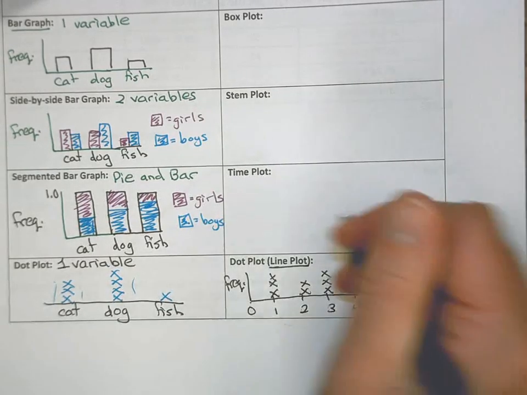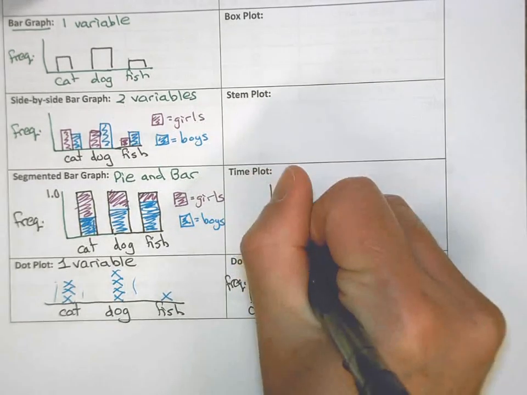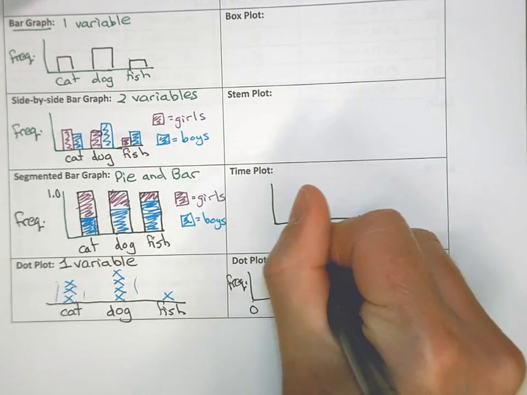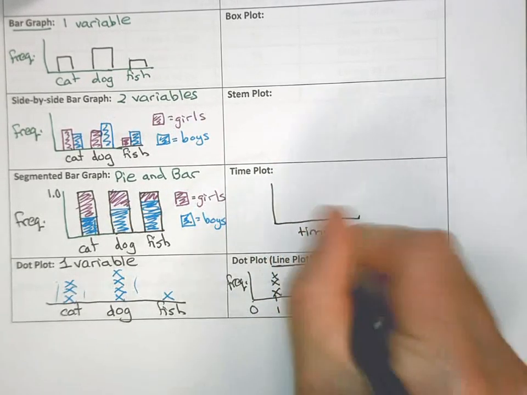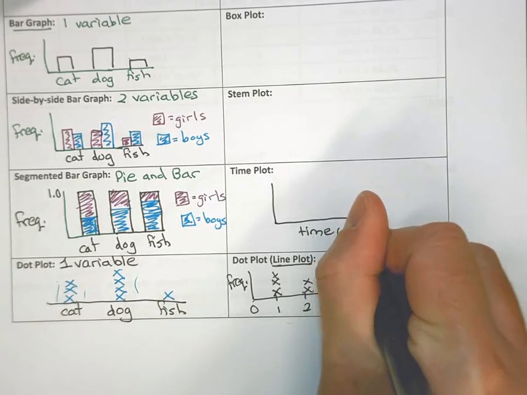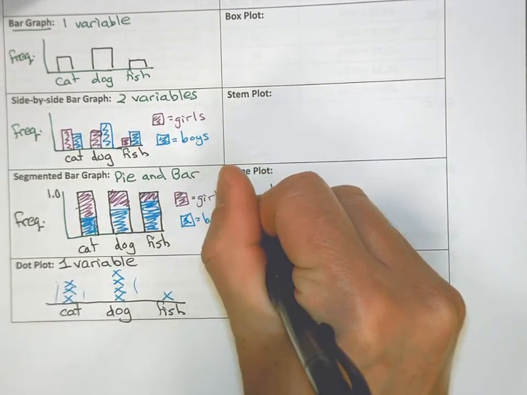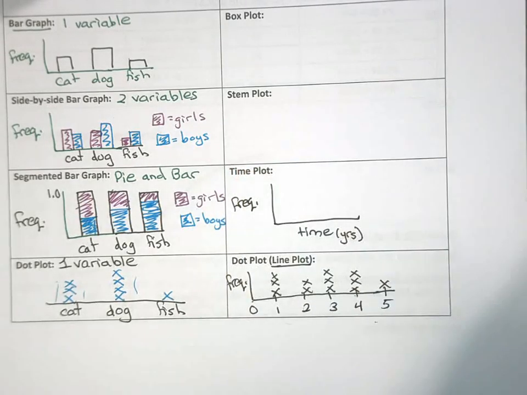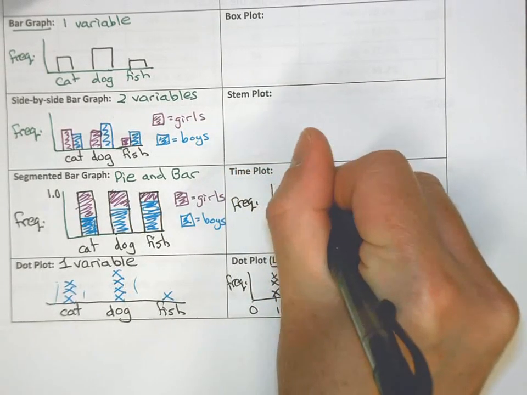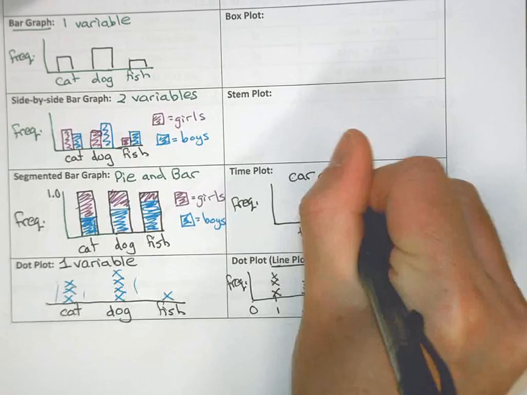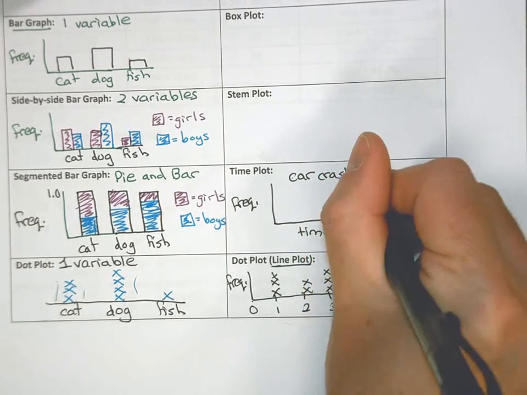The time plot. The time plot will always have time on our x-axis. Maybe it's years, weeks, months, days, and then a frequency going on over here. Maybe these are car crashes for a certain age group, certain gender, who knows.